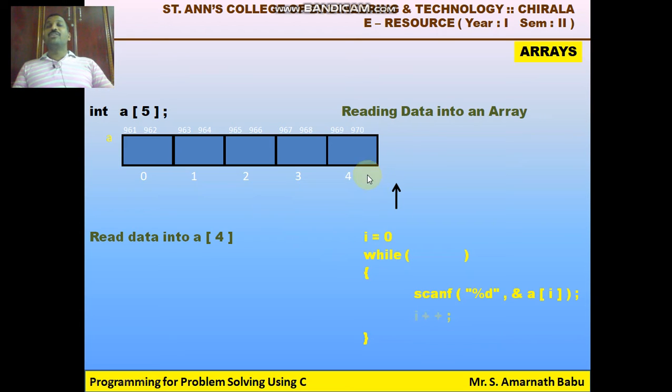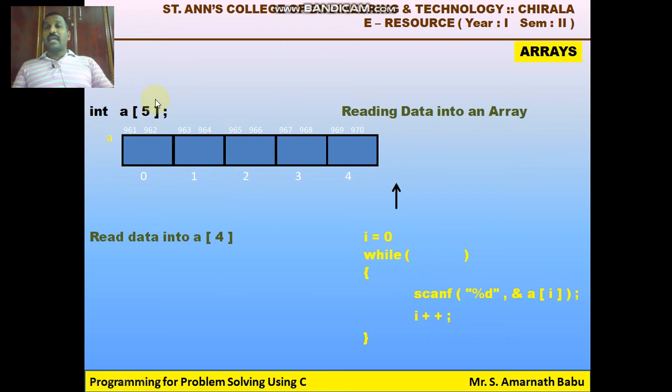Now we have reached the end; we have crossed the extreme end of the array. Once we cross, it is very clear that we have reached the end, so we need to stop here. As we are repeating, we need to specify a condition which indicates how long we need to continue this operation. First the iterator is 0, next 1, next 2, next 3, next 4.